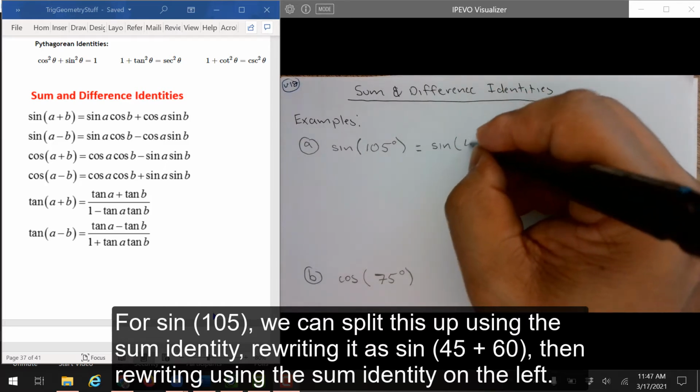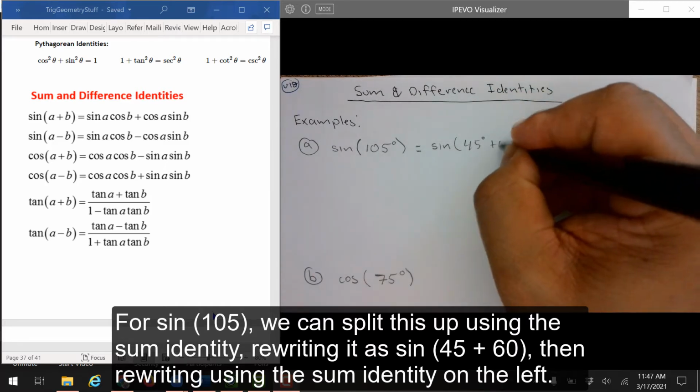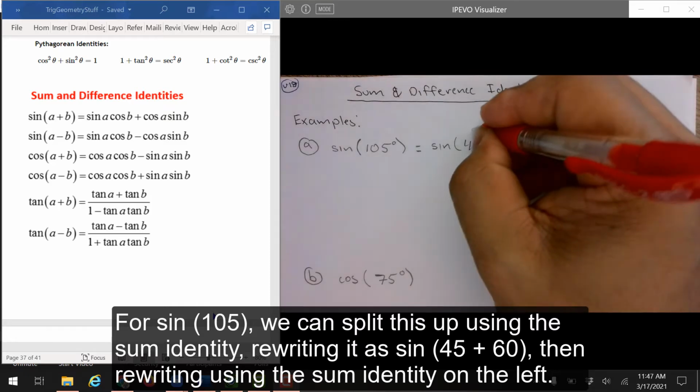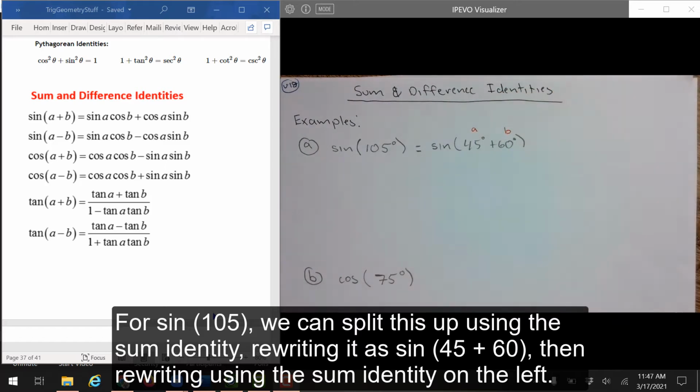For sine 105, we can split this up using the sum identity, rewriting it as sine 45 plus 60. Then rewriting using the sum identity on the left.